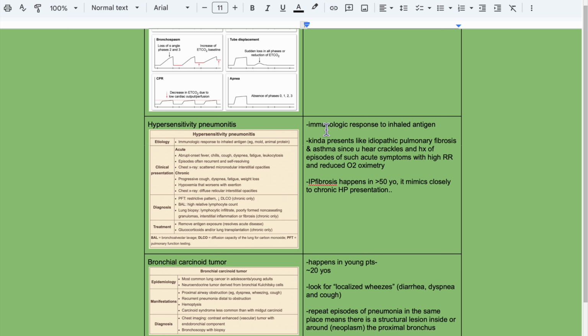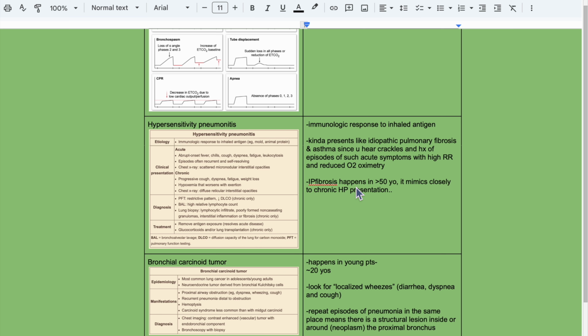Hypersensitivity pneumonitis is an immunologic response to inhaled antigen. It presents kind of like idiopathic pulmonary fibrosis and asthma, since you hear crackles and a history of episodes, such as acute symptoms with high respiratory rate and reduced oxygen saturation, SpO2.